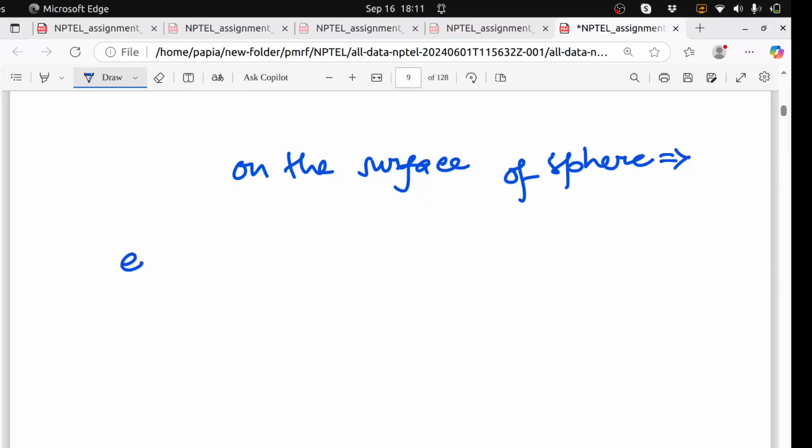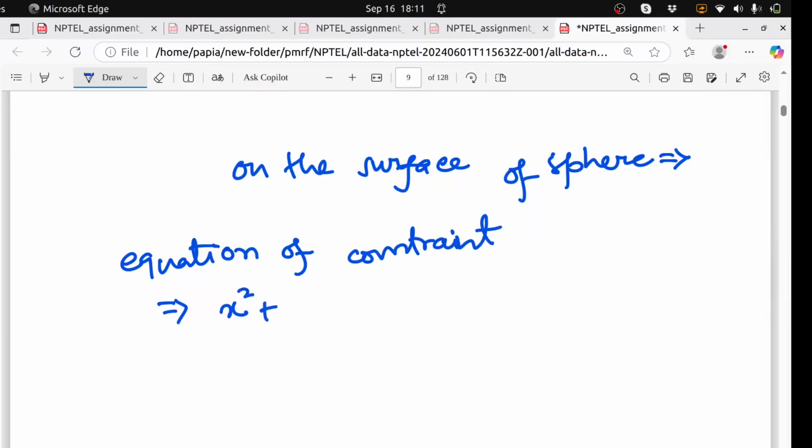So the equation of constraint is, let's say, x square plus y square plus z square equals r square in 3D, as it is a sphere.